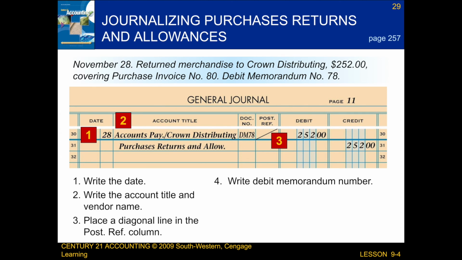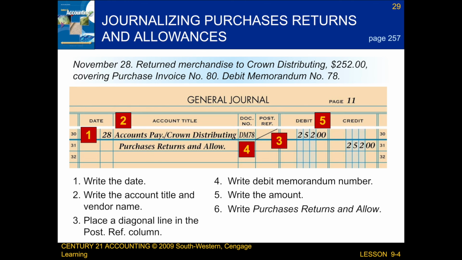Next, we write the debit memorandum number, which is DM78, in the document number column. After that, we write the amount, which is $252, in the debit column. Next, we write purchases, returns, and allowances in the account title column. And finally, we write the amount, which is $252, in the credit column.